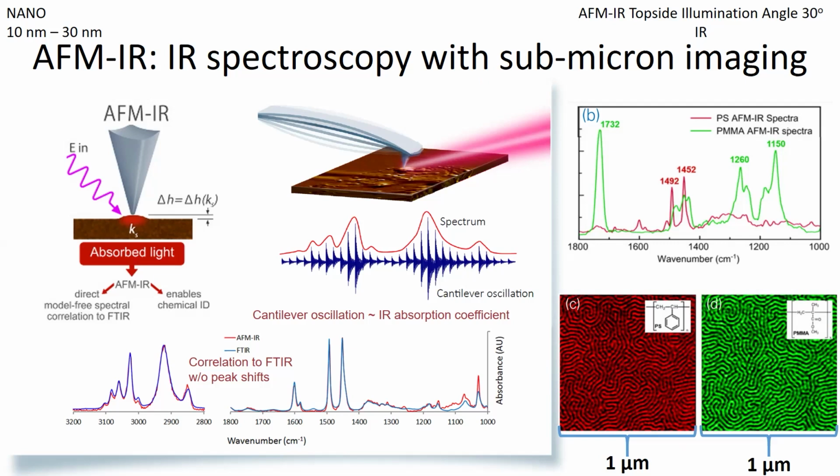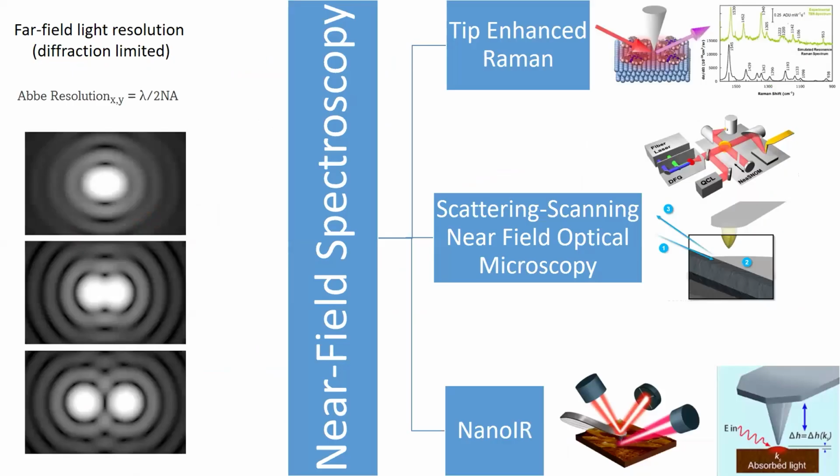So it's still infrared spectroscopy. But in this case, the way that the detection works is really novel. This is what differentiates it from the other near-field techniques, tip-enhanced Raman and scattering SNOM, where it's light in and you're measuring the light coming out. With Nano-IR, you're shining light in and your cantilever is your detector.